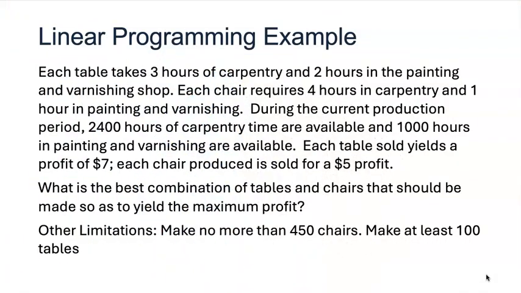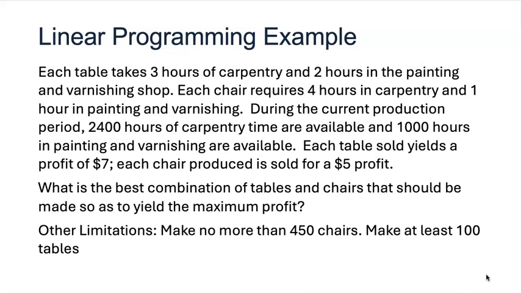All right, let's jump into an example. So here we have a situation where for this company, each table takes 3 hours of carpentry and 2 hours in the painting and varnish shop. Each chair requires 4 hours in carpentry and 1 hour in painting and varnishing. During the current production period, 2,400 hours of carpentry time are available, and 1,000 hours of painting and varnishing time are available.